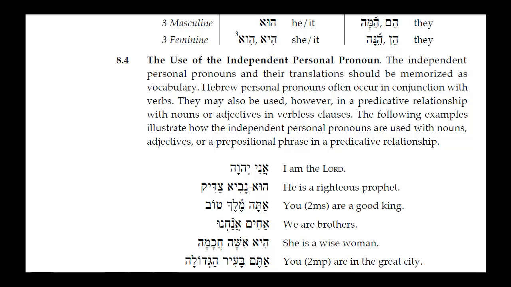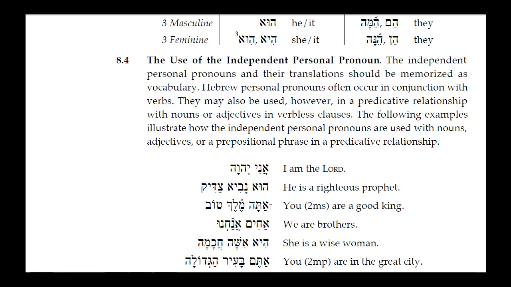Sadiq modifies Navi. Sadiq is the adjective. It's an attributive adjective that agrees in gender, number, and indefiniteness with Navi. And then who is the personal pronoun? He is a righteous prophet. The third one here we have is Ata Melech Tov.